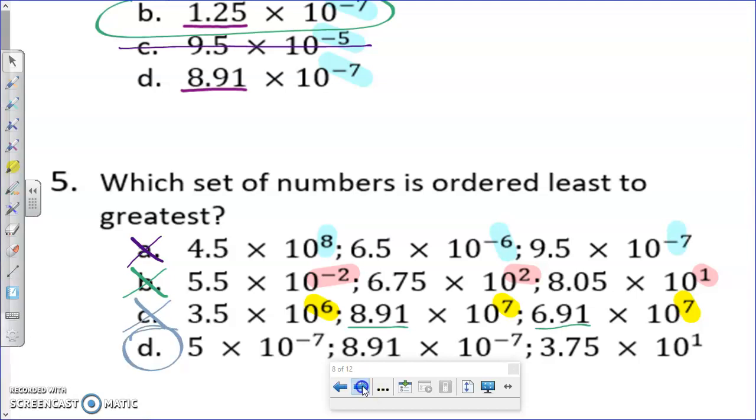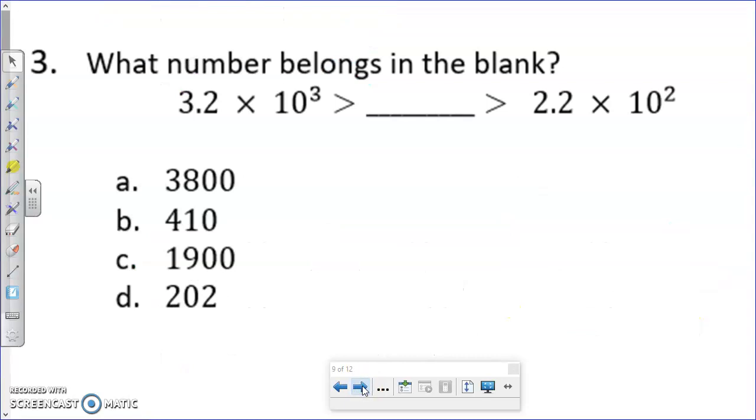Now we're going to go back and look at number 3. Number 3 says what number belongs in the blank. I have 3.2 times 10 to the 3rd is greater than blank, and that blank is greater than 2.2 times 10 squared. So the easiest way to do this is to change your scientific notation numbers into regular standard numbers. So we're going to rewrite 3.2.